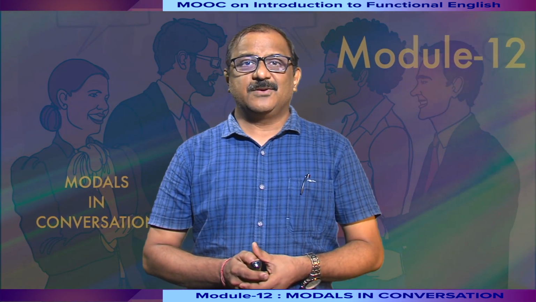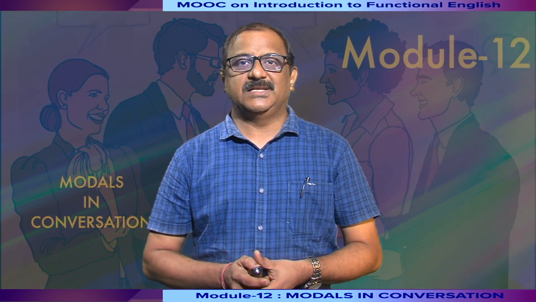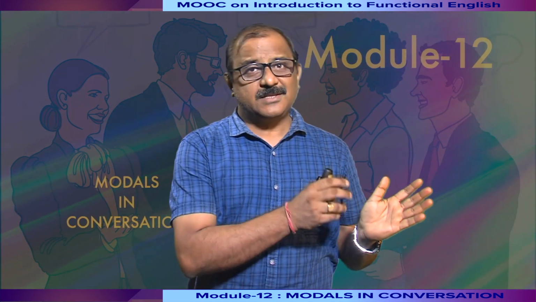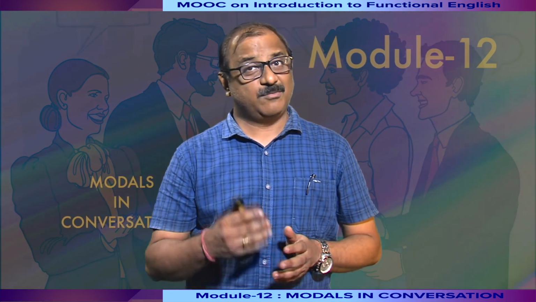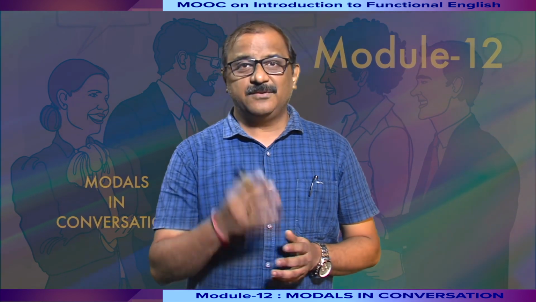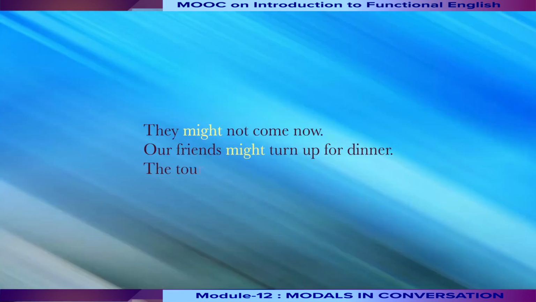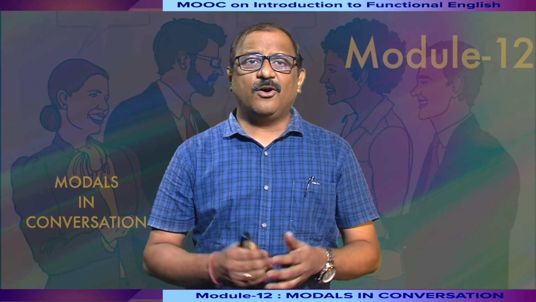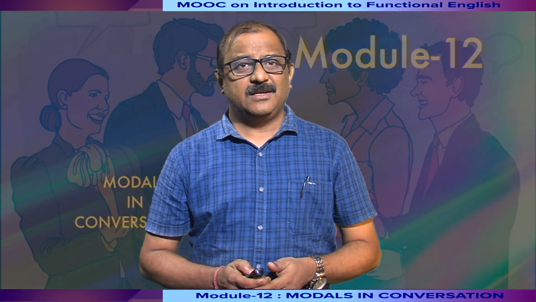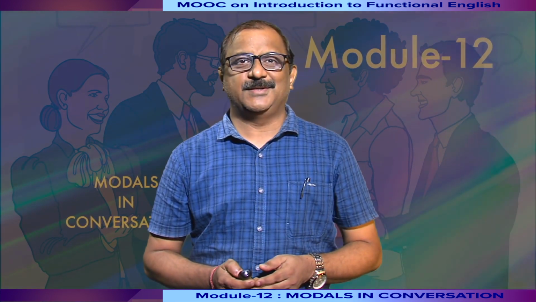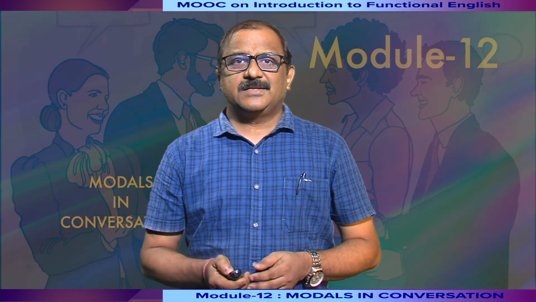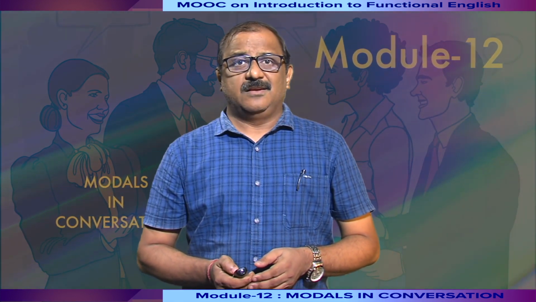Might also expresses possibility. Already we have seen examples of other modals expressing possibility. I give you a sentence. They might not come now. Our friends might turn up for dinner. Right? The tourists might come to our hotel. So in all this you find that might expresses what? Possibility.